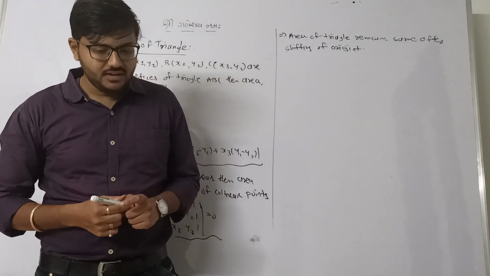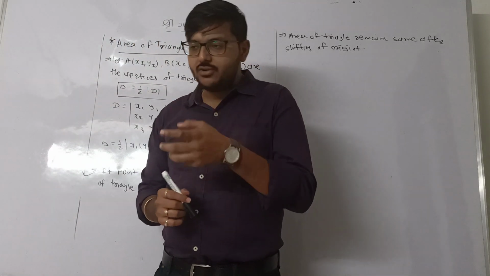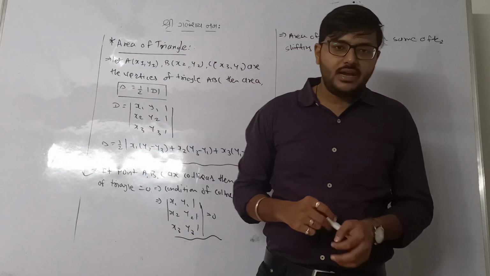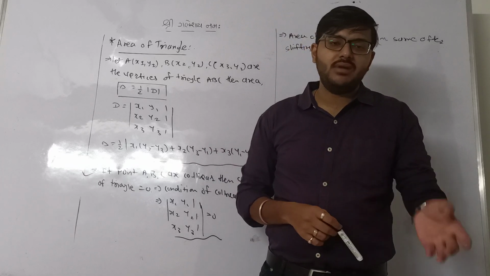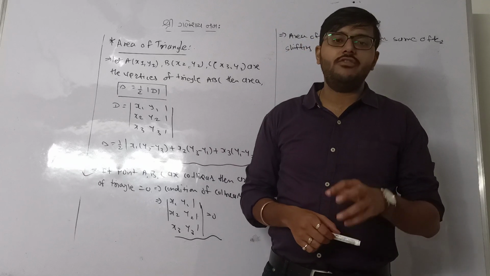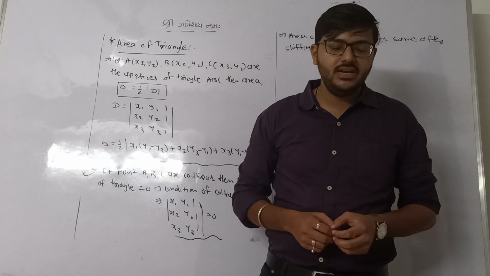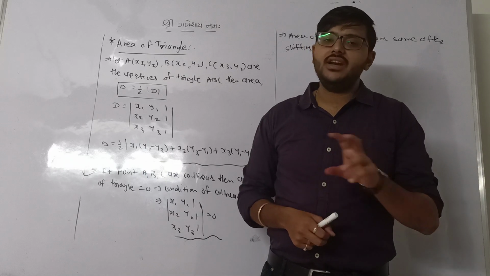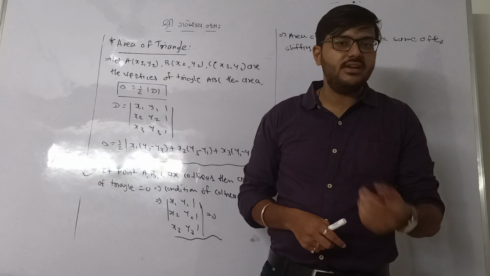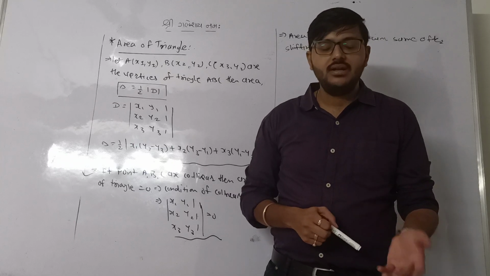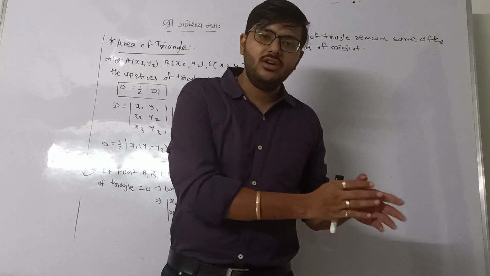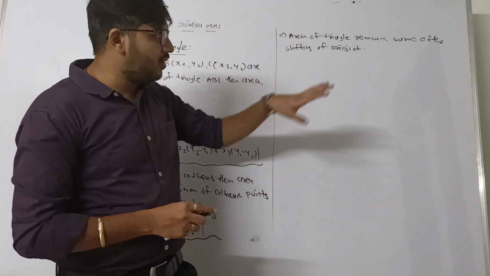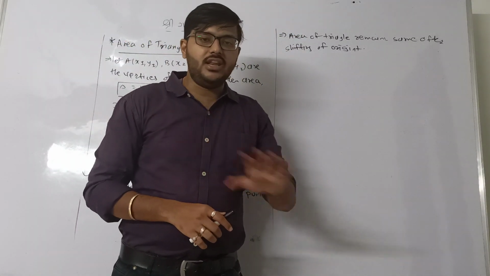Okay, that means if I give you a condition that 3 points are 1, 2, 5, 6 and 9, 10, right, then origin will shift towards -1, -3 and find out the area of the new triangle, right? So that means if you shift the origin, that doesn't mean that area will become different. The area of triangle will remain same as you shift the origin. Okay, so shifting of origin does not affect the area of triangle.